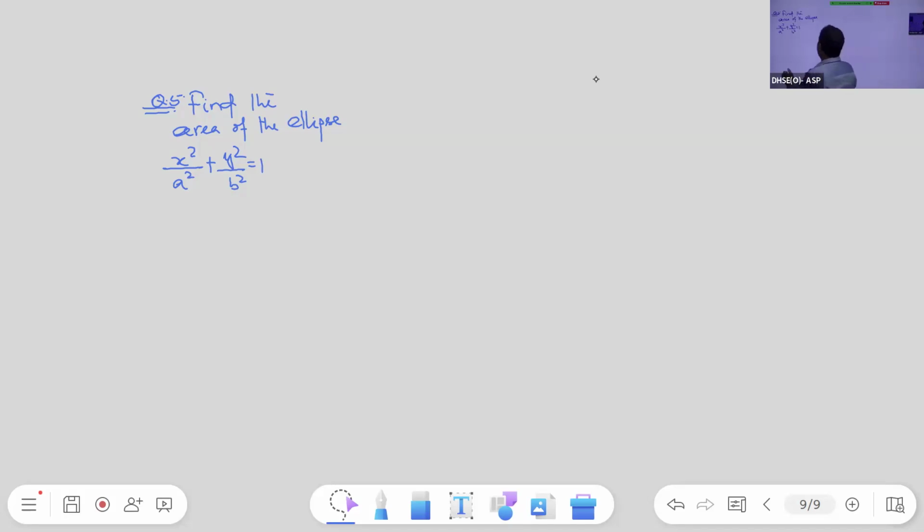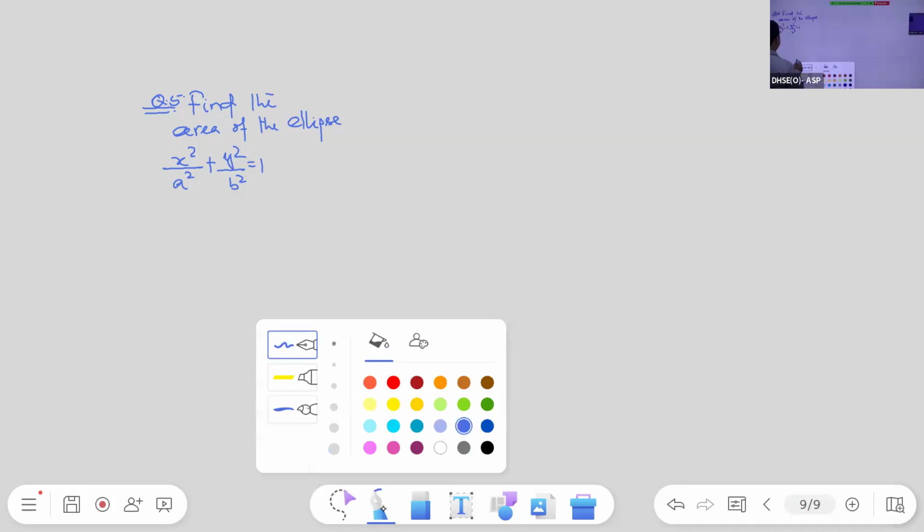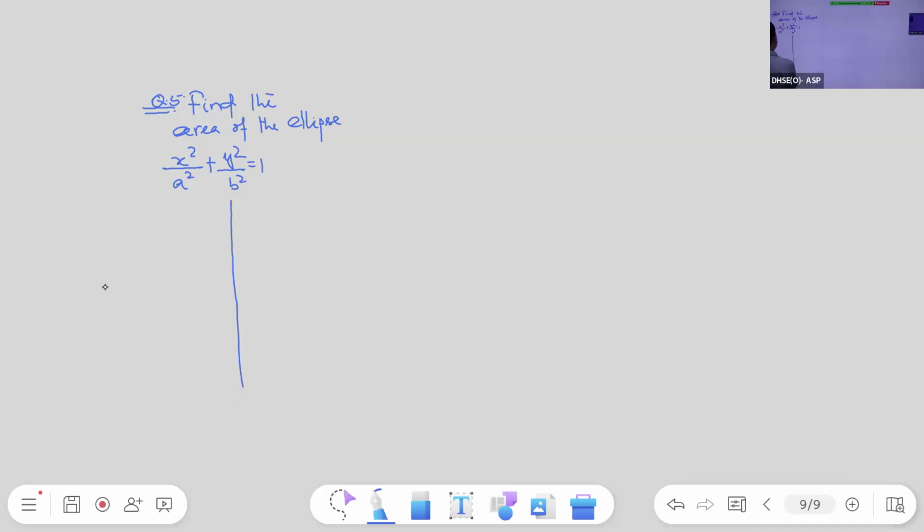The ellipse is symmetric about the x-axis as well as the y-axis. And all of you know the structure of the ellipse x square upon a square plus y square upon b square is equal to 1. This is the structure. So this area is equal to this area is equal to this area is equal to this area. If we can find the area of this region, then we can find the area of the total region by multiplying it with 4.